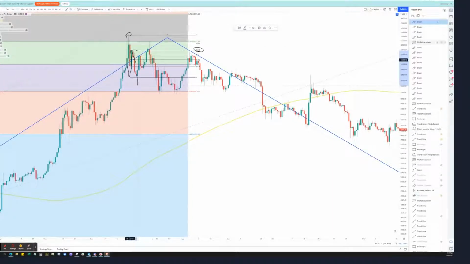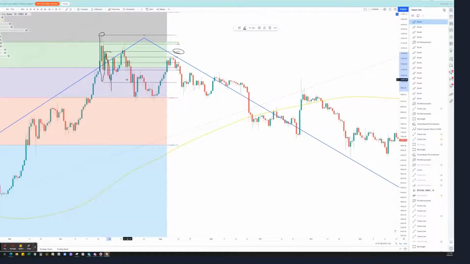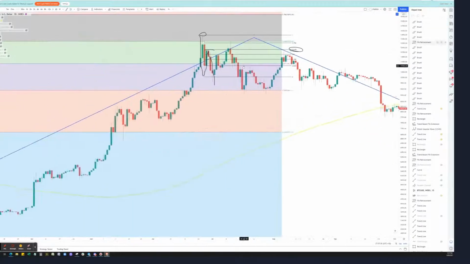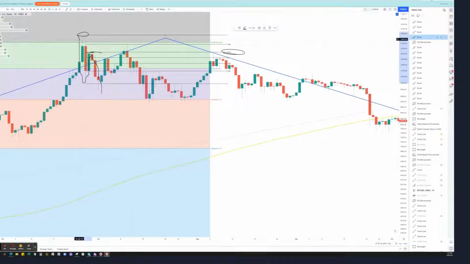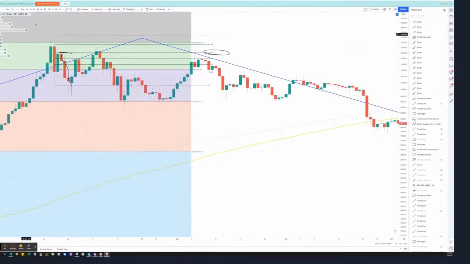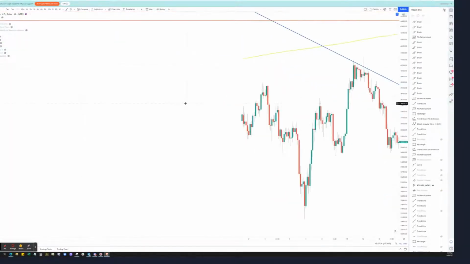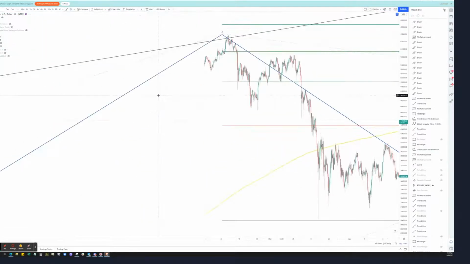So each impulse, the 618 is in the past a strong resistance as a golden ratio. So that works a lot. I tried to do something different with our one, and it works and it doesn't work. So if I was to go to the 4 hour, and I want to show you something else.